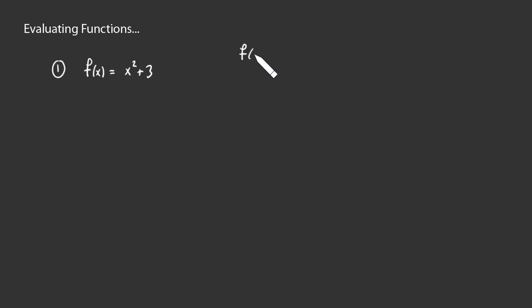I want to find what is f of 3, or what is f of some unknown a, or what is f of some sum of an unknown a and h. What is f of x plus h?